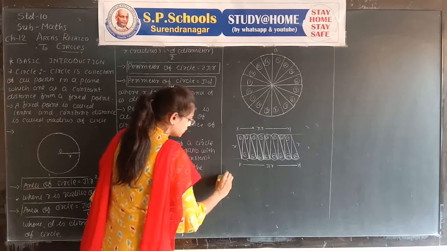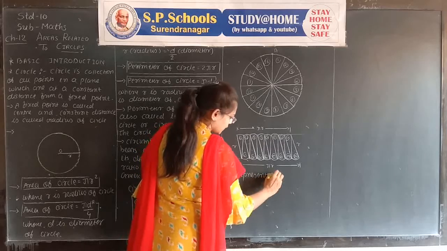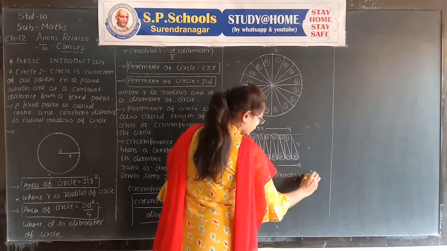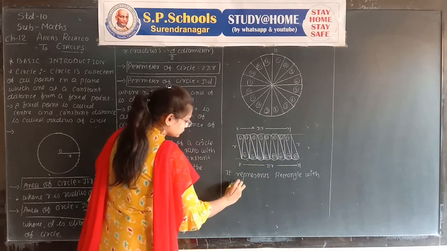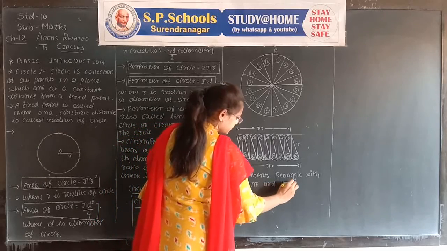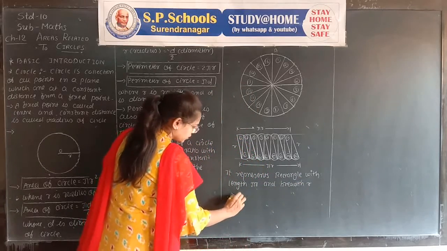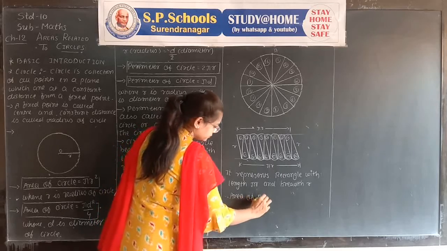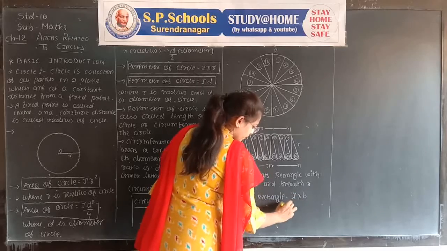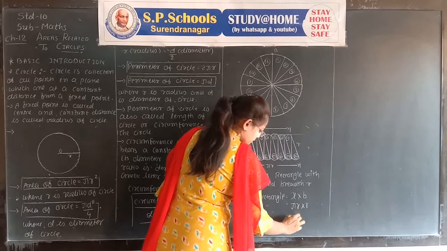It is r. It represents a rectangle with length pi r and breadth r, so the area of the rectangle is equal to L into B, where length is pi r and breadth is r, which is pi r square.